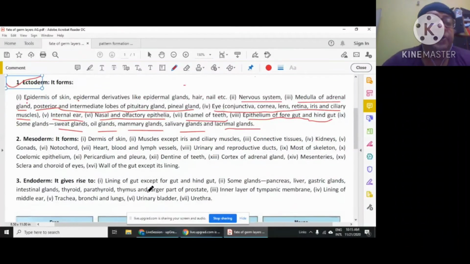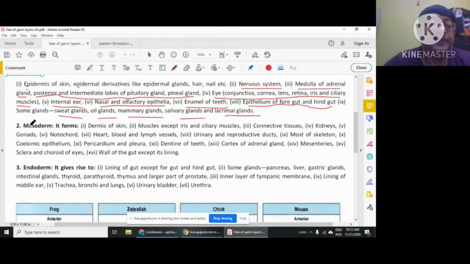Then you have the mesoderm. The mesoderm forms the dermis of the skin. Muscles, except the iris and ciliary muscles of the eye, are all from the mesoderm.